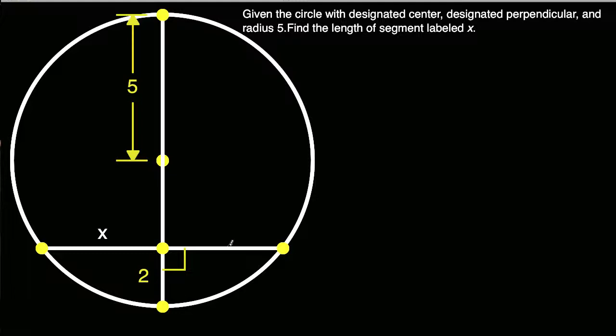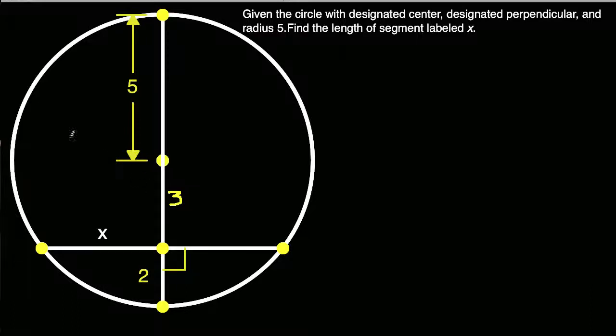So we want to find the length of the segment x. Well, a couple things right off the bat: if the distance from this point to the edge of the circle is a radius, then this whole length must be 5, which of course tells us that this is 3.